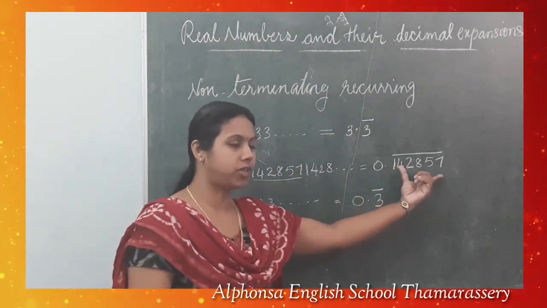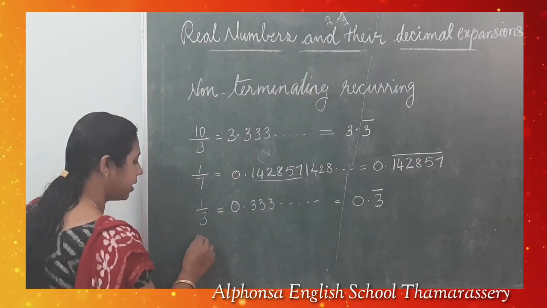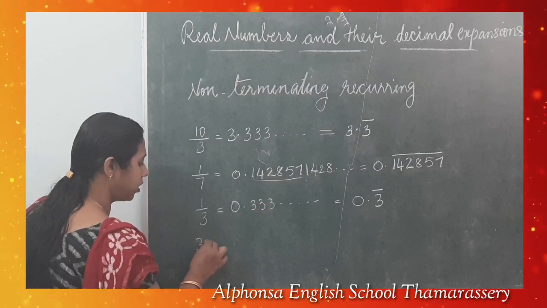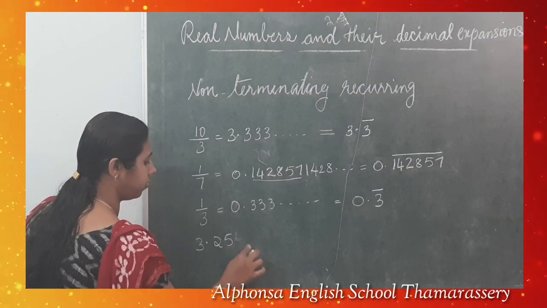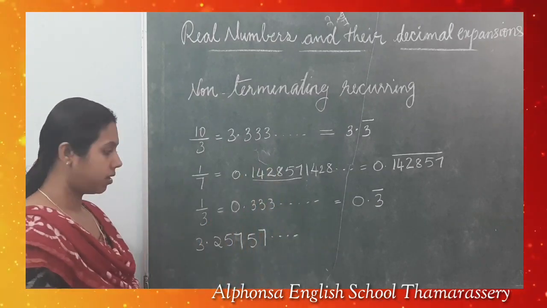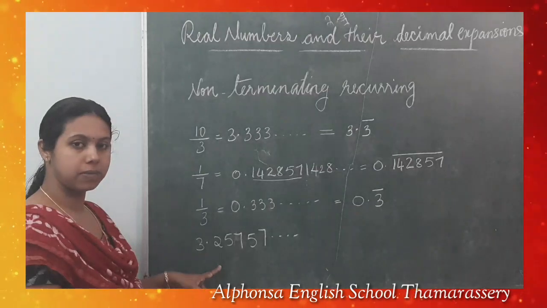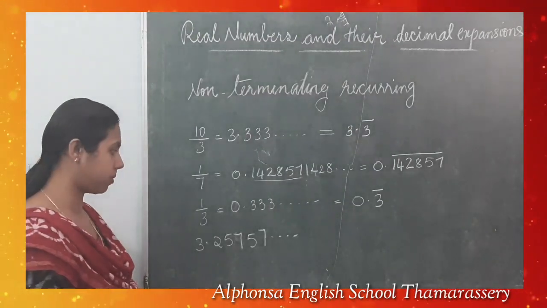Here the block of digits are repeating. And in the same way you can write 3.257, 57, etc. So this is also a non-terminating, repeating or non-terminating recurring decimal expansion.